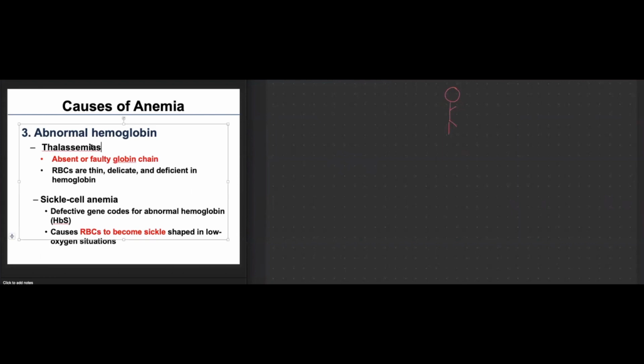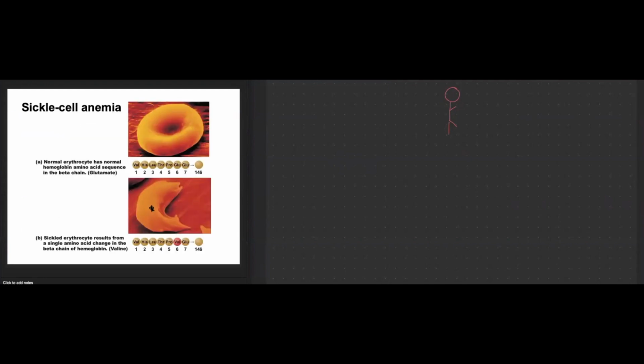Abnormal hemoglobin, like in case of thalassemias, I have absent or faulty globin chains. So the red blood cells will be thin, delicate, and deficient in hemoglobin. Also, sickle cell anemia is a defective hemoglobin that results in sickling of the red blood cells in case of low oxygen.